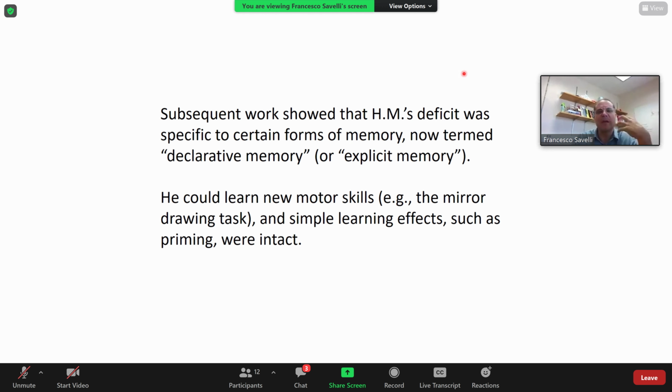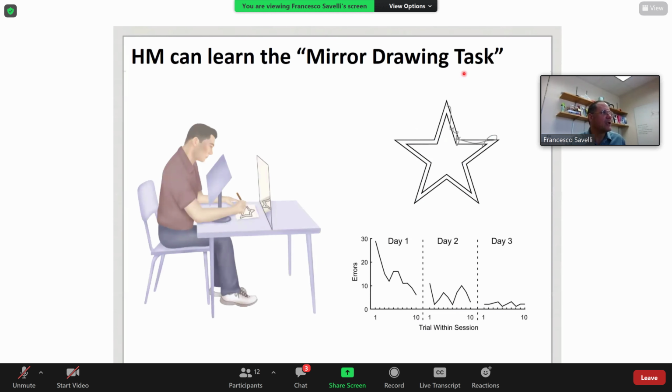He could learn skills. And one example was the mirror drawing task, in which you are supposed to draw something, but there is a screen so that you cannot watch directly what you're drawing. You can only watch it through a mirror. And obviously in a mirror, everything is flipped.